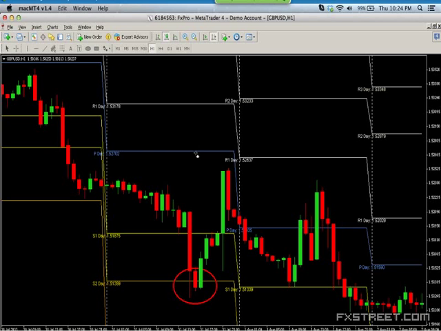We reach this point where we have this very large green candle here with a tail on the bottom. Okay, so now you get to a point where we've switched directions, we're going long, and this candle has a tail on the bottom.